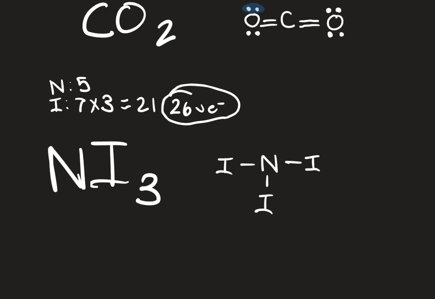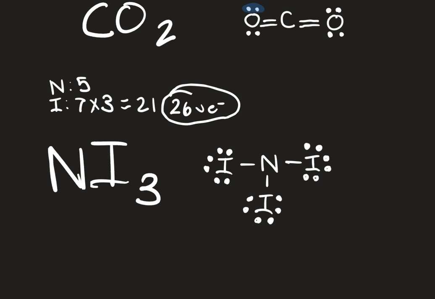Now I'm going to fill in the octets. This is where it gets a little tedious because I'm drawing a lot of dots, but it's really important you don't forget to add the lone pairs onto your outside atoms. Before I add any more lone pairs, I am going to count how many valence electrons I've used.